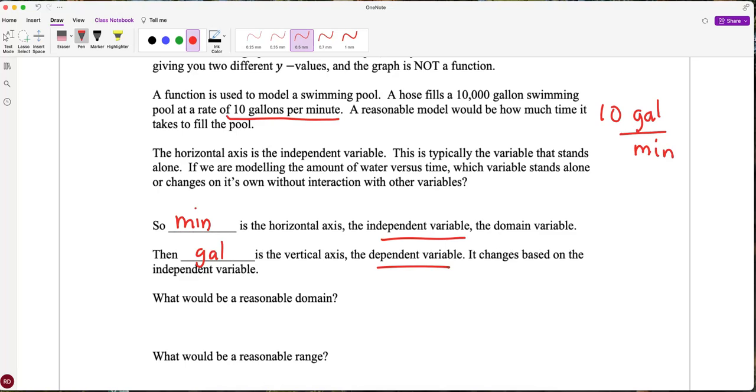Now, if we look at this, what would be a reasonable domain? If I've got 10,000 gallons at 10 gallons per minute, how long is it going to take to fill the pool? 1,000 minutes, okay? So minutes is my domain, right? So for a reasonable domain, what kind of numbers am I going to get?